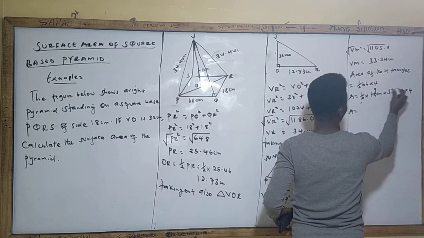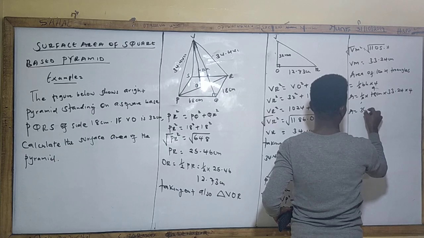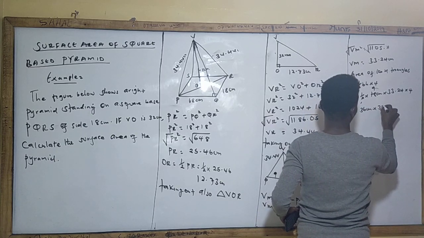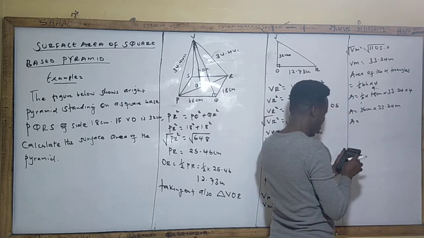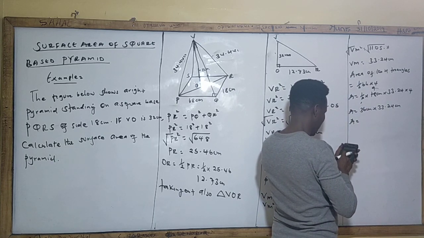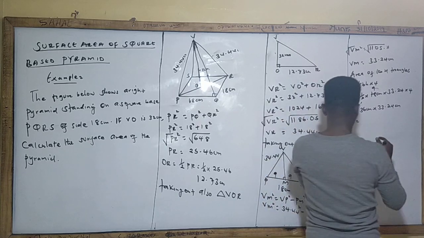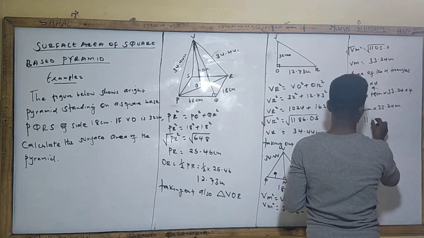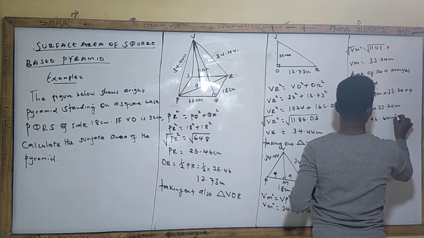So area is equal to 9 times, this is 9, remember, 9 times 4 is that 6, times that 3.24. So area of the 4 triangles would be that 3.24 times that 6. That is 1196.64 centimeter square.